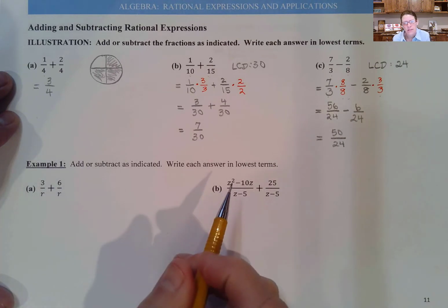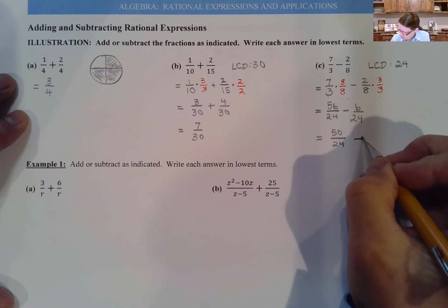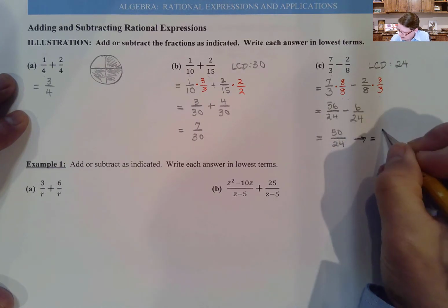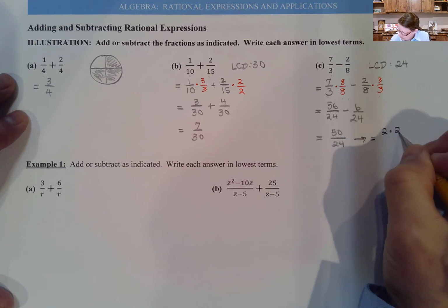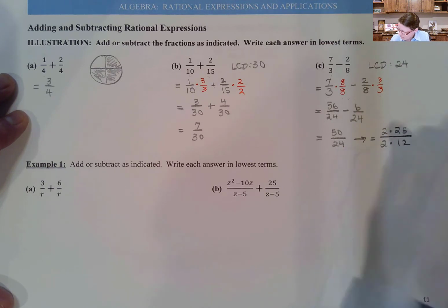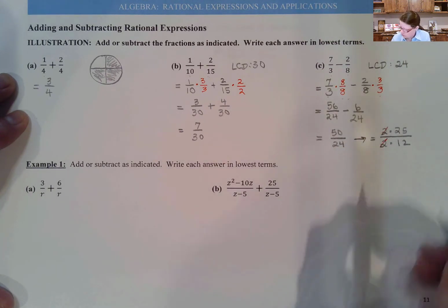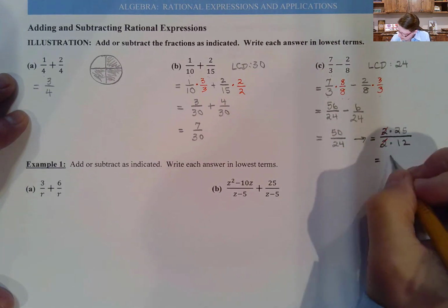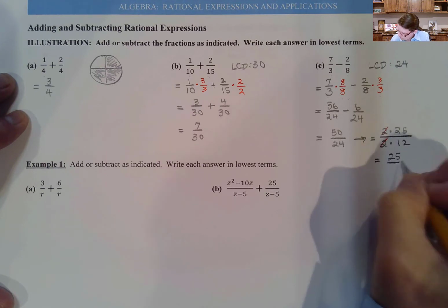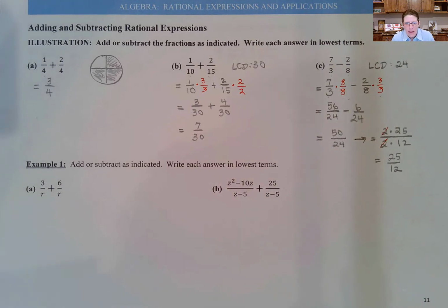Each of those numbers is even, so we know there's at least a factor of 2 involved. 50 is 2 times 25. 24 is 2 times 12. Dividing out the common factor 2, we obtain our reduced answer, 25/12. That is our pattern. Now let's proceed to add and subtract some rational expressions.